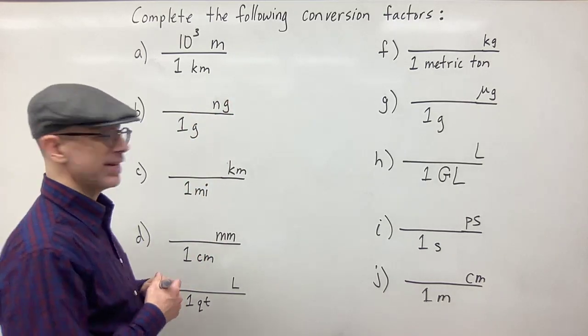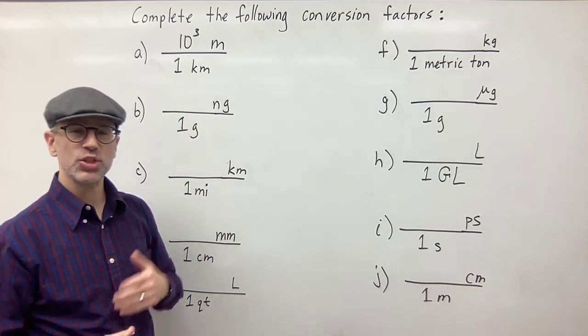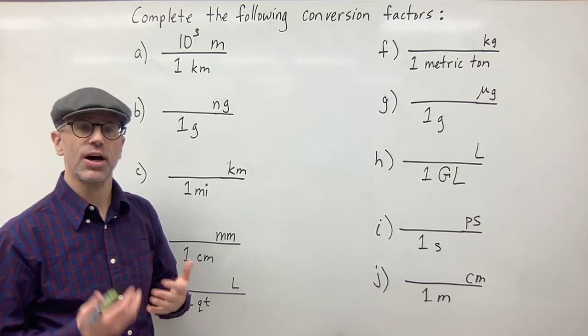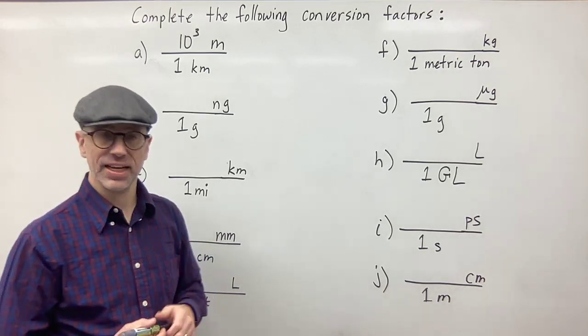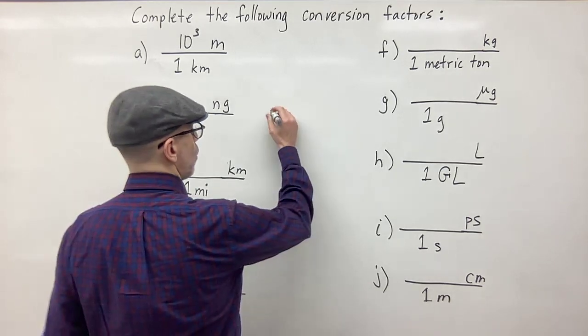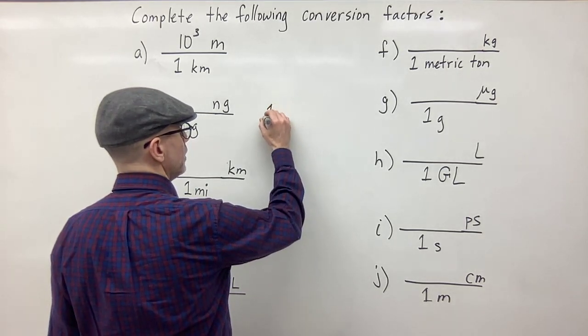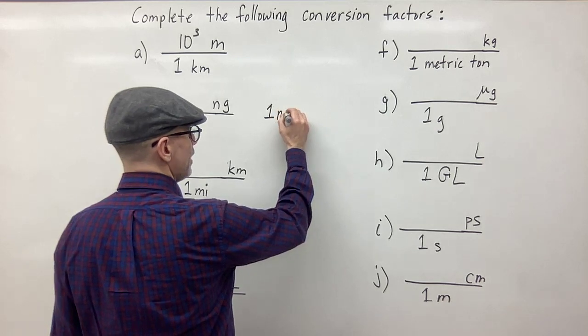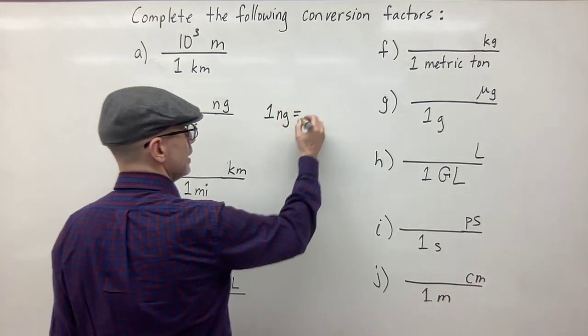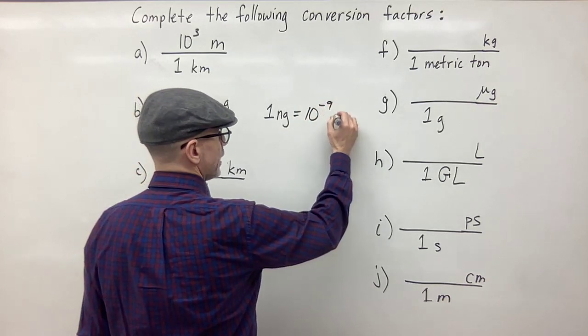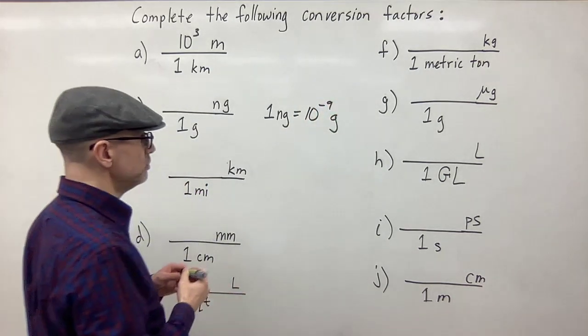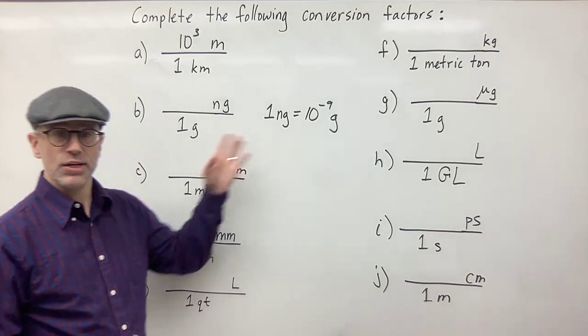Well, if I remember what nano means, nano is 1 billionth of whatever unit I'm looking at, or 10 to the negative 9. So I should know that 1 nanogram is equal to 10 to the negative 9 grams. Okay, so why?